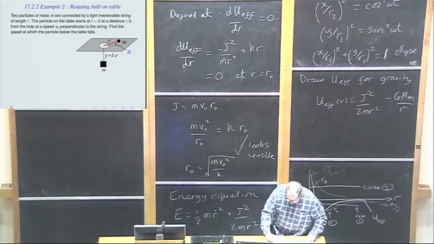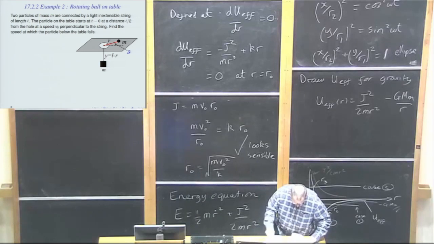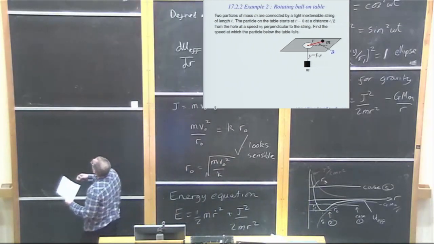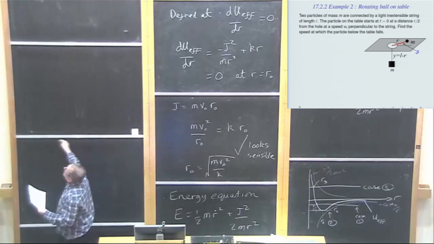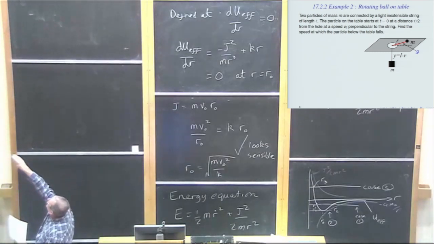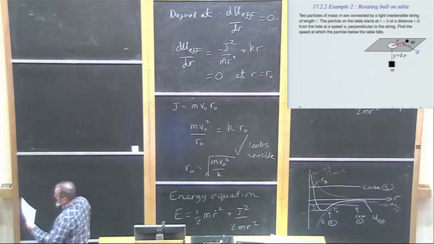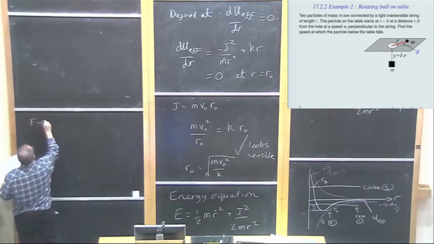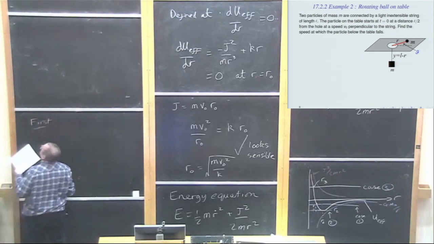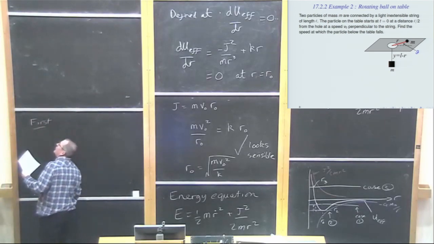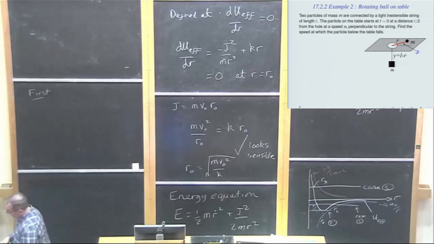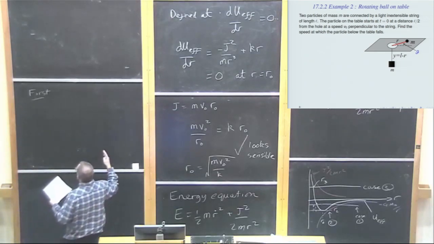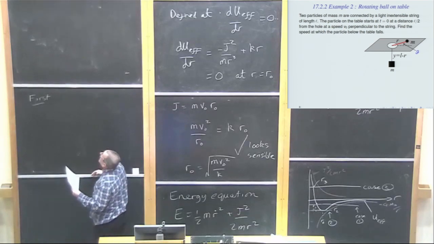Let me get to my relevant piece of paper. Great. Let me first just ask, before actually trying to find the speed at which the particle below the table falls, let me just first consider what the conditions are for circular motion, just knowing what you knew at A level without actually coming to use the effective potential.